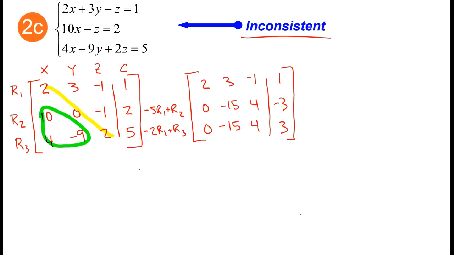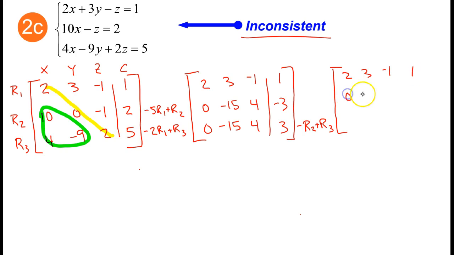Let me show you now how to get to the final answer here. To do that, I'm going to try and get a 0 right here. Again, I'm trying to get zeros in this lower left-hand corner. To get a 0 here, I can do -1 times R2 plus R3. I'm going to rewrite row 1: 2, 3, -1, and 1.